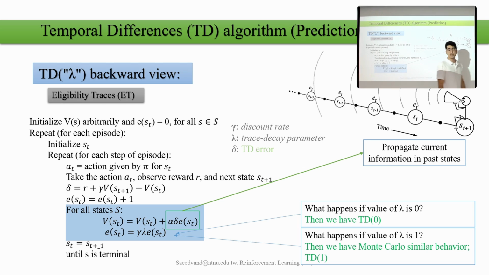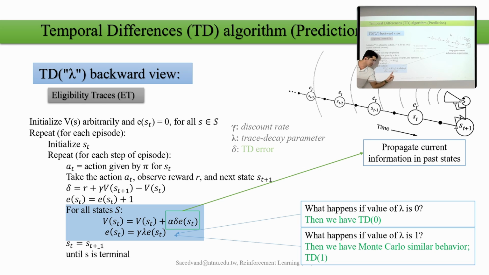After updating the value of that state, we need to also update the eligibility trace of that state based on this simple term here, gamma lambda times the eligibility trace of S_t. So the new eligibility trace of S_t is equal to the multiplication of these three elements: gamma, lambda, and the previous eligibility trace of S_t.